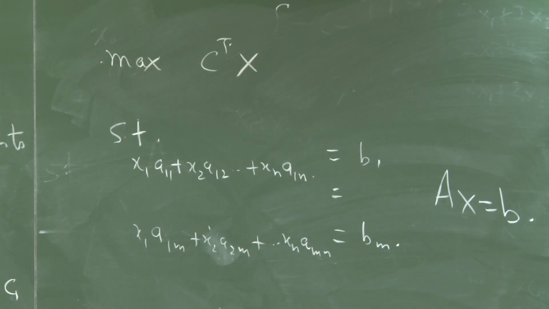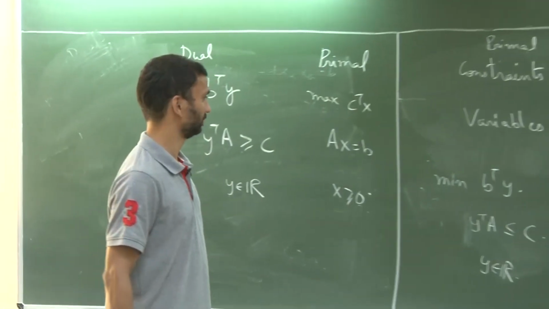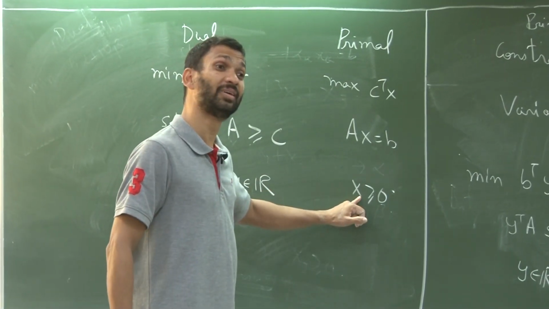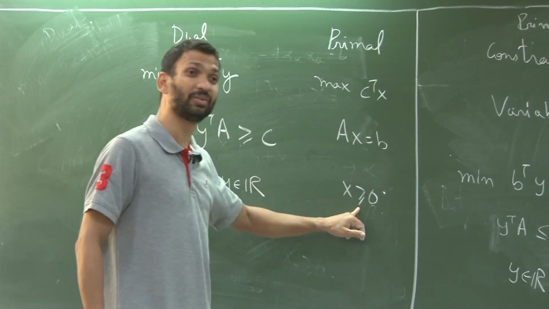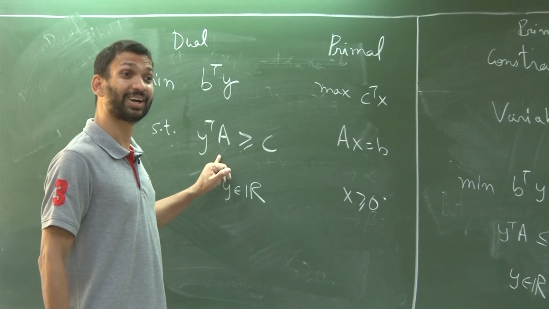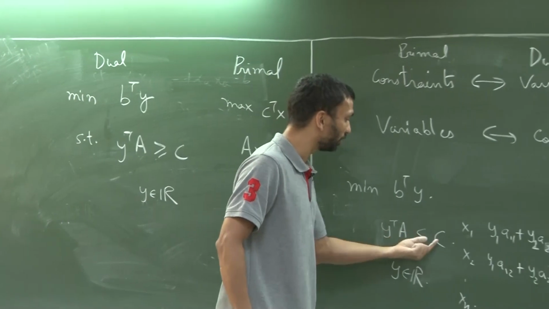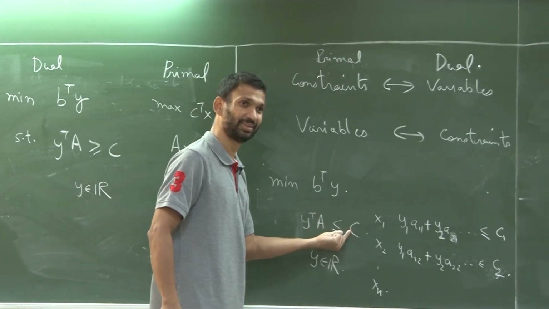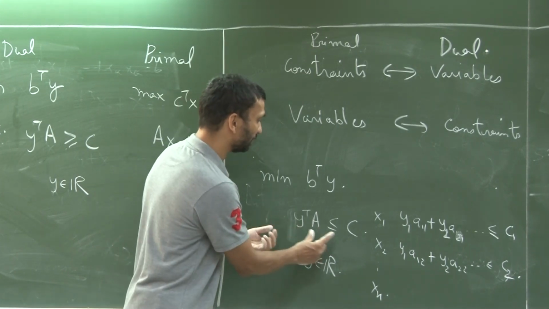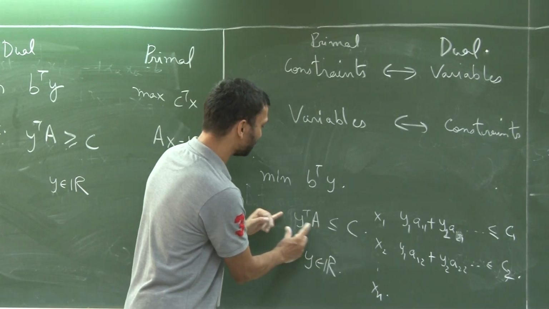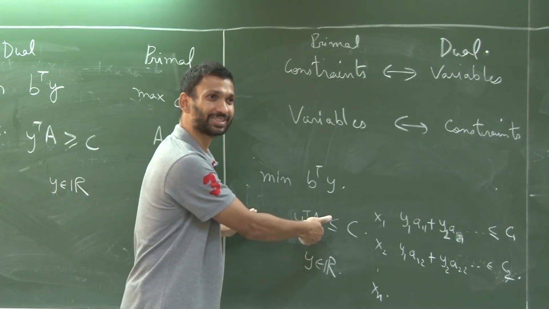One small thing, what should be the sign of x? X is a variable in my primal. That means its sign will be decided by the constraint in the dual. So now, if I multiply with a negative thing here, the sign of the inequality will be reversed.